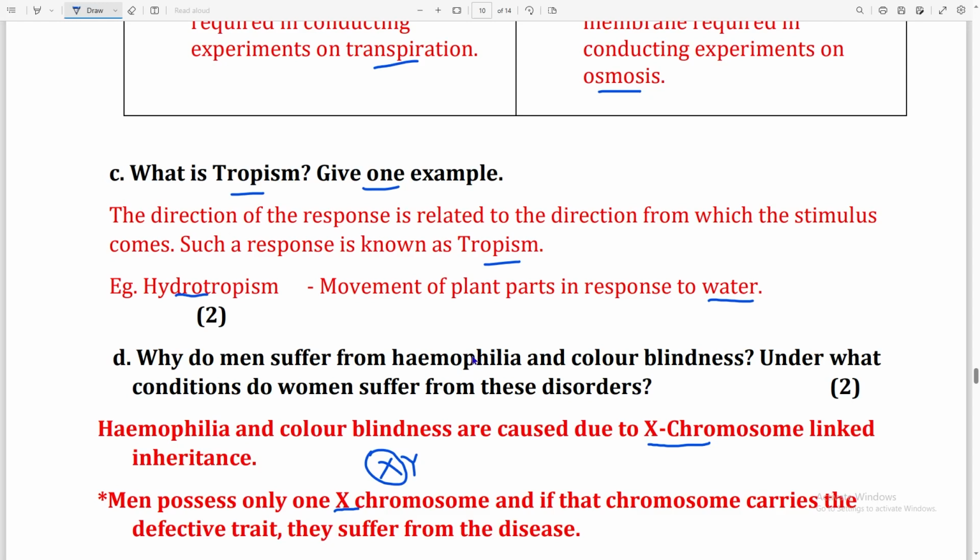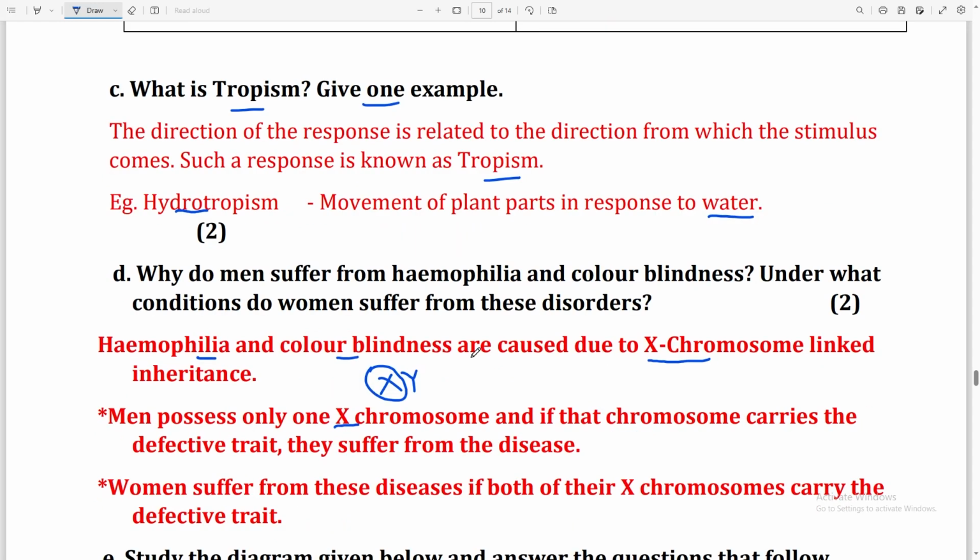The defective trait may be hemophilia or it may be for color blindness. But in case of women, they suffer from these diseases if both of their X chromosomes carry the defective trait. So, in case of women, which consists 2 X chromosome, if both X chromosomes contain the defective trait, then they will be the sufferers. Note down the answers.